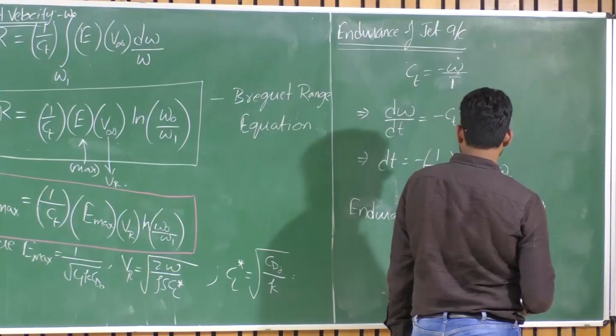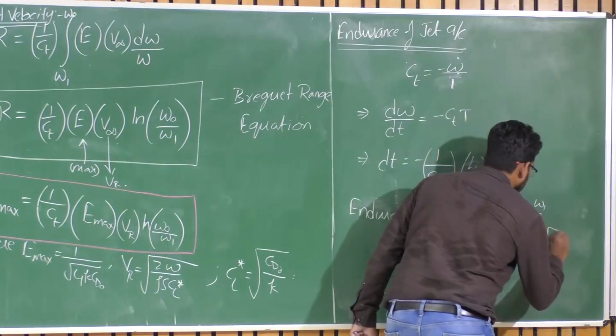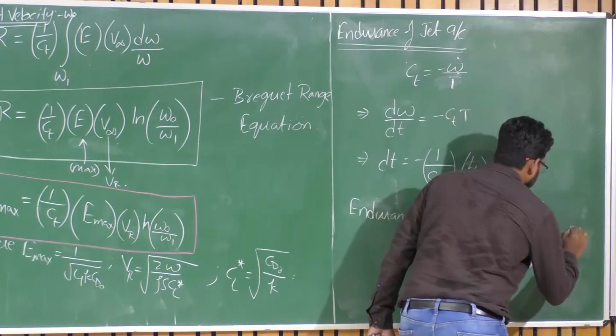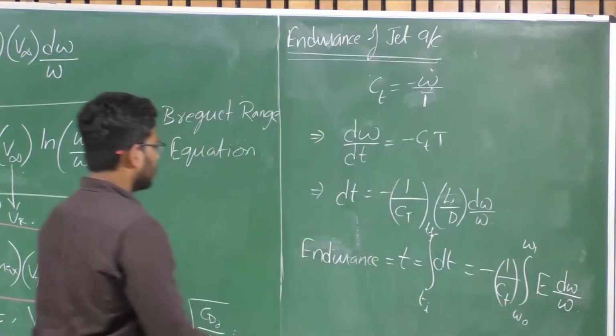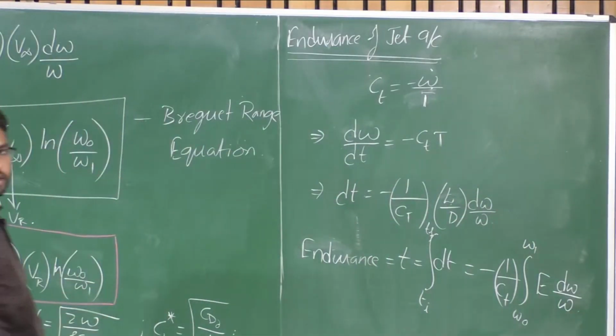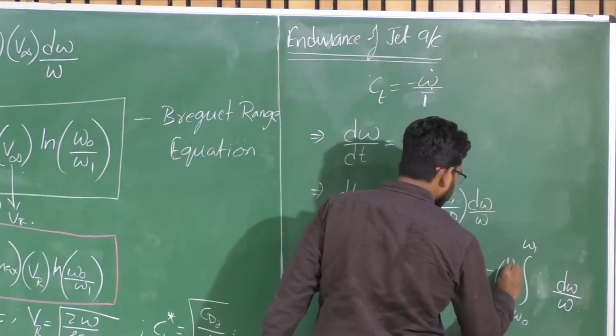So it is 1 upon Ct times E times dW upon W. So for cruise at a constant angle of attack, you can take E out of the integration.